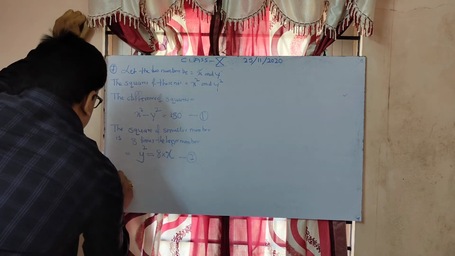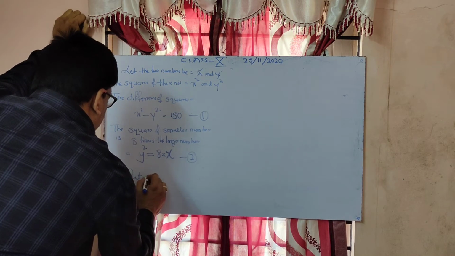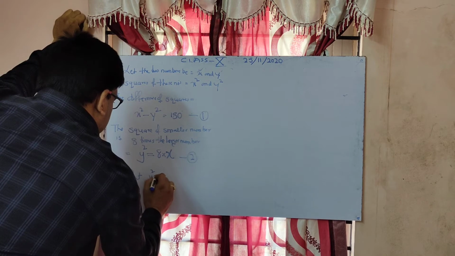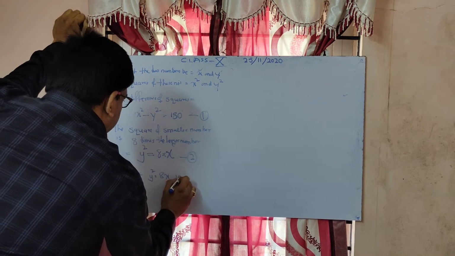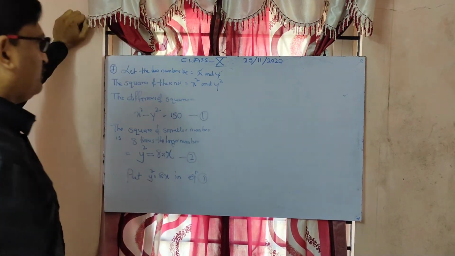Put y square is equal to 8x in equation 1.